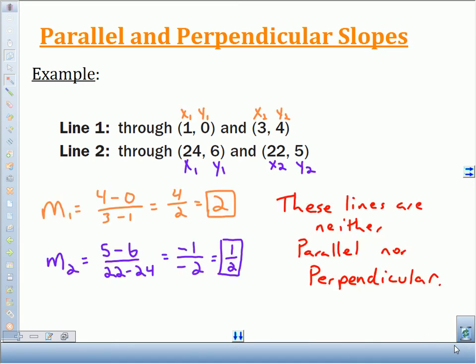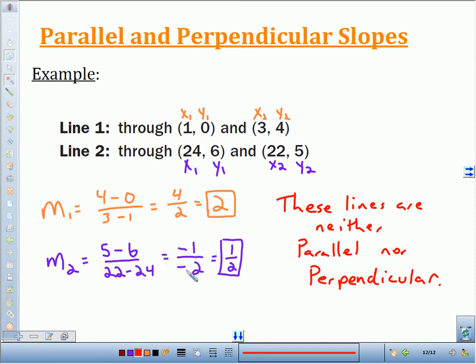Okay, so let's see how we did here. You can see, again, I defined x1, y1, and x2 and y2 for both lines. And we did our arithmetic and we saw that the slope of line 1, M1, is equal to 2. The slope of line 2, M2, when we worked it out, we got negative 1 over negative 2.